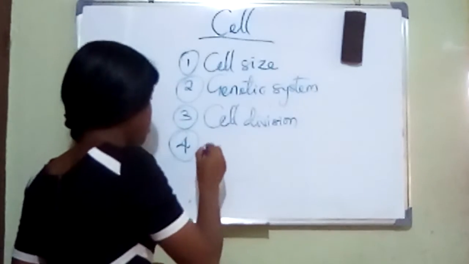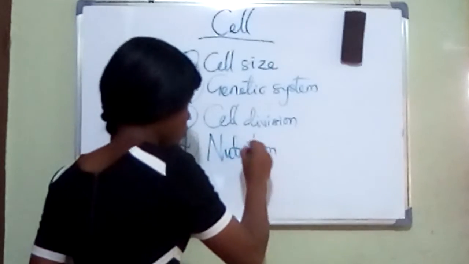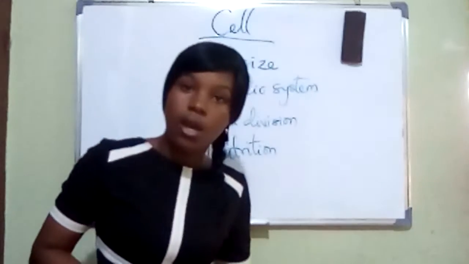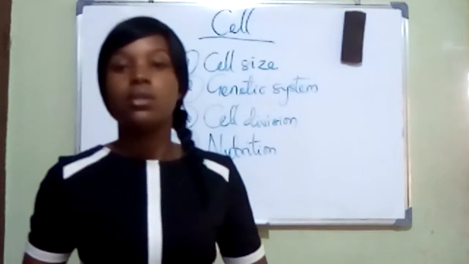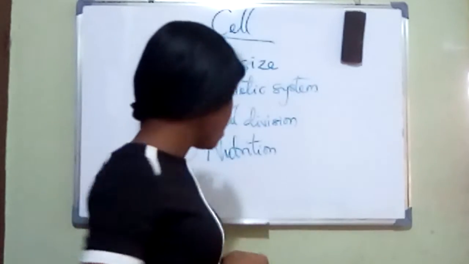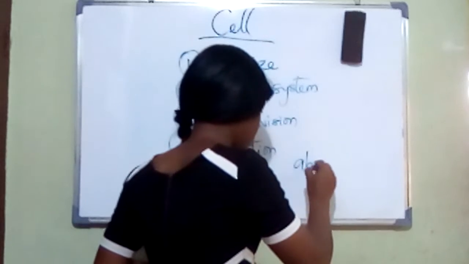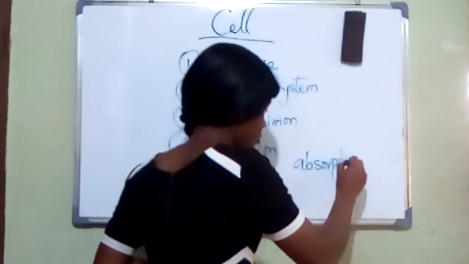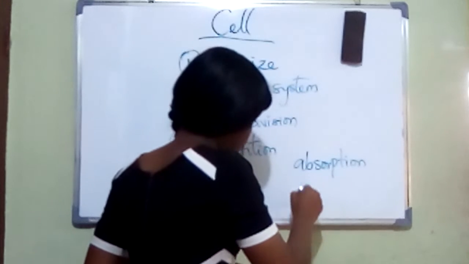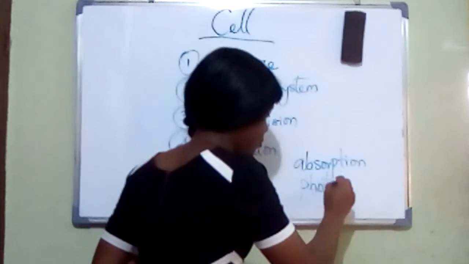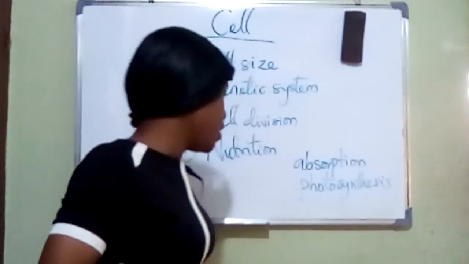Next characteristic is nutrition. Nutrition in prokaryotes is by absorption and photosynthesis.